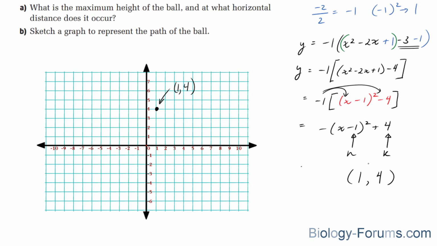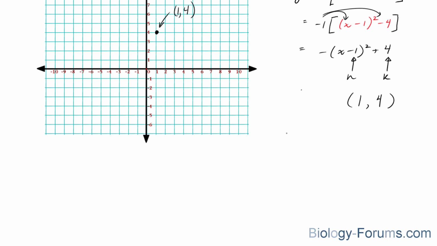Because remember, the roots occur when the y is equal to 0. And let's do that. Let's set y equal to 0 for this equation. And we end up with 0 is equal to negative bracket x minus 1 squared plus 4. We're going to solve for x now. We're going to bring this over. And we'll divide both sides by negative 1 to get rid of this.